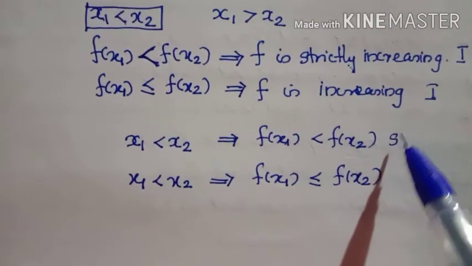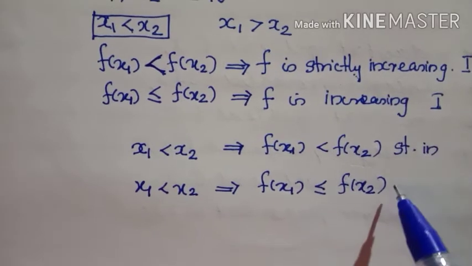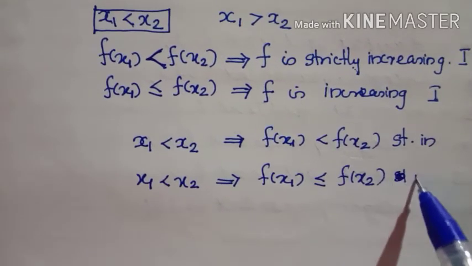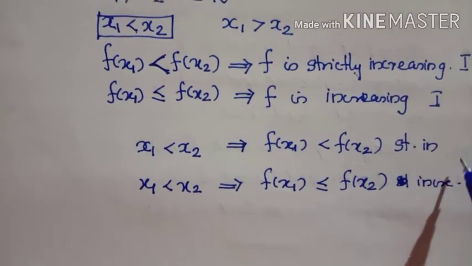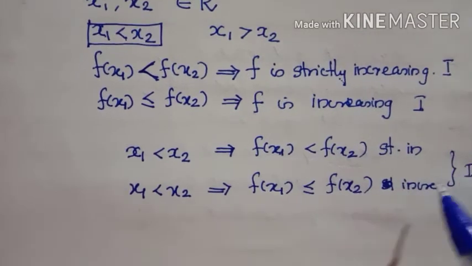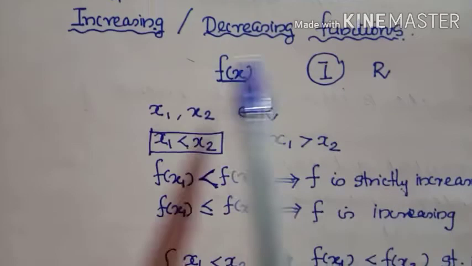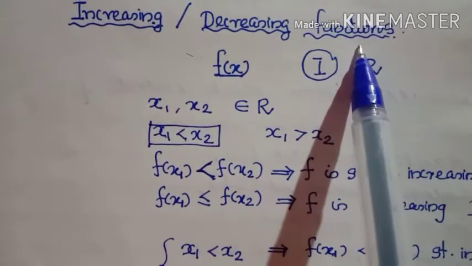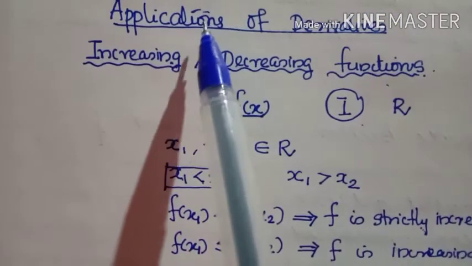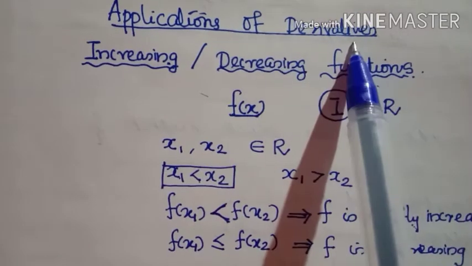So this one is strictly increasing and this one is an increasing function in the given interval I. This is the basic concept of increasing or decreasing function. Now this is the chapter applications of derivatives.